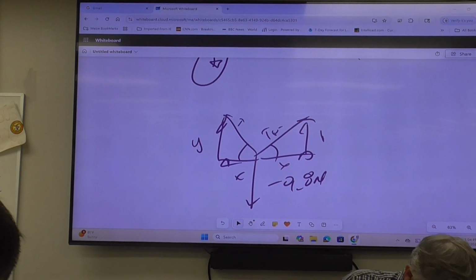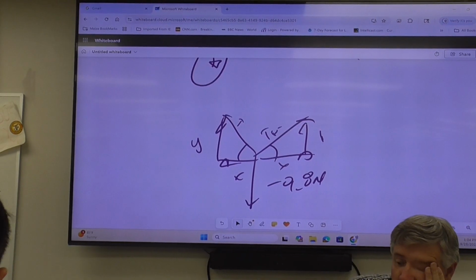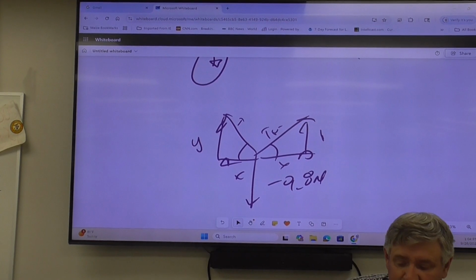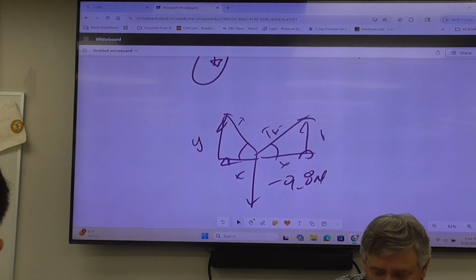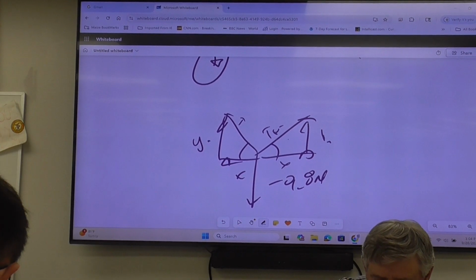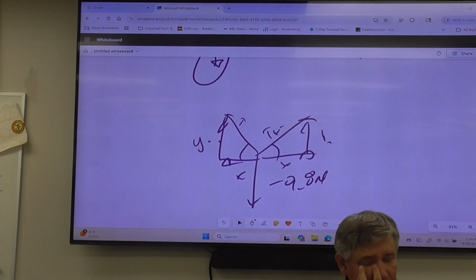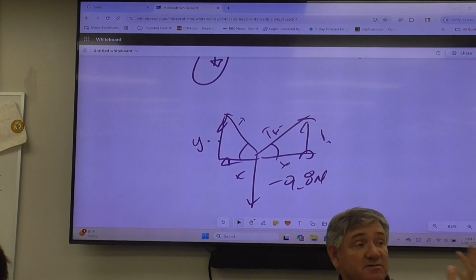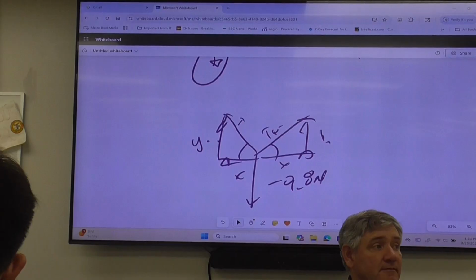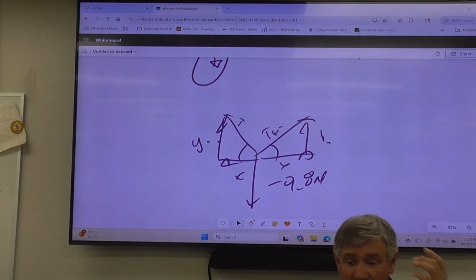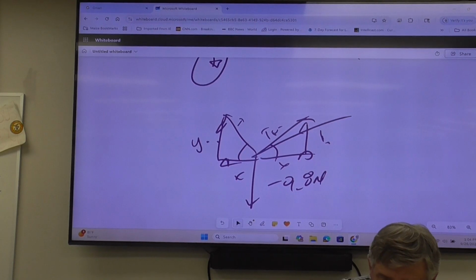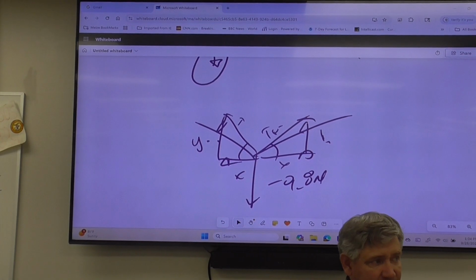So hopefully what you see on the next part, when you increase the angle. When you increase the angle, are you increasing the values of the Y components? No, those stay the same. Why? What do they still have to add up to? Negative 9.8. So by increasing the angle, what are you making bigger?